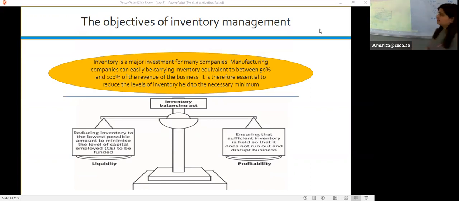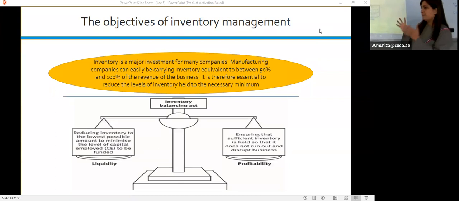Okay, so the objective in inventory management is again to have a balance between profitability and liquidity. If the company is becoming more liquid and is not investing in the inventory, there can be problems. The company might not be getting discounts. When the company is purchasing more inventory, obviously the company does get quantity discounts. If the company is focusing more on liquidity and is not purchasing inventory, obviously the company will be depriving itself of the discounts.